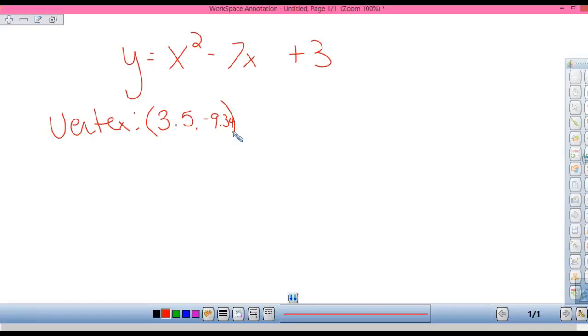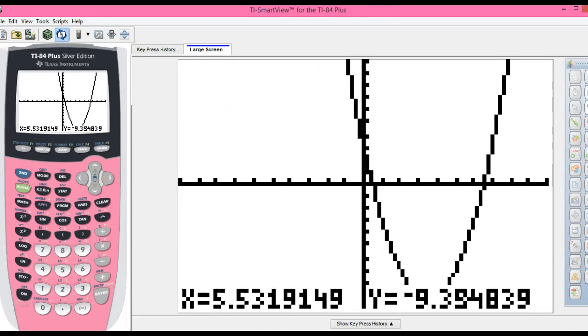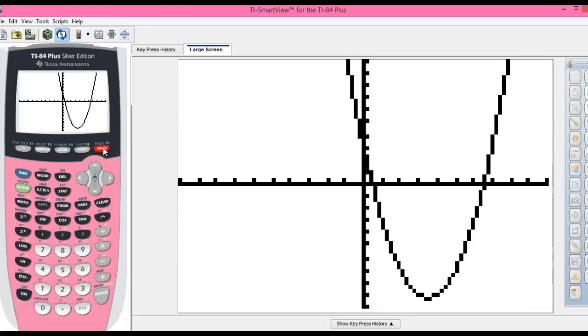Then you did something wrong. Then you got to go back and redo it. Make sure that you have that equation over there on the far side entered in. Finding the minimum. Does your graph look like this? Then I'm not sure what you did wrong.